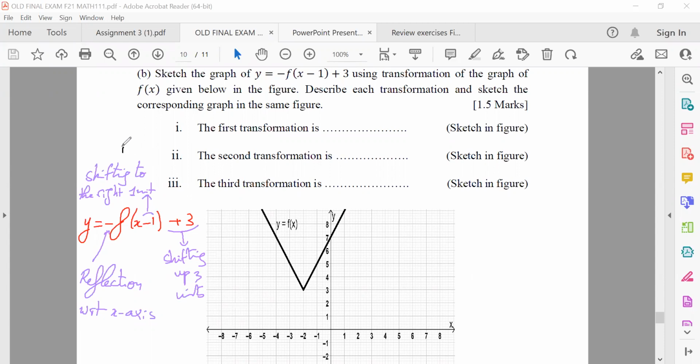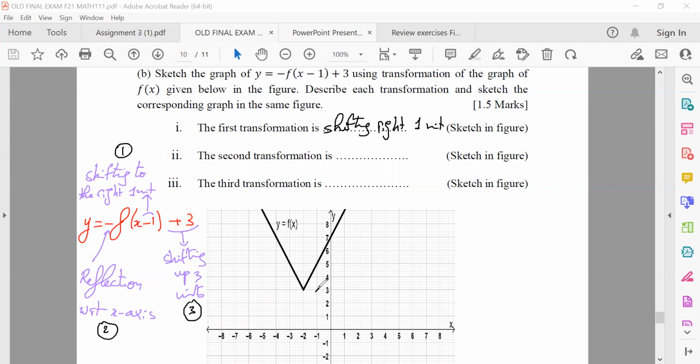We'll start with horizontal shifting, it's minus 1, then the reflection, and finally the vertical shifting always comes at the other end. So the first transformation is shifting right 1 unit, and we sketch it.